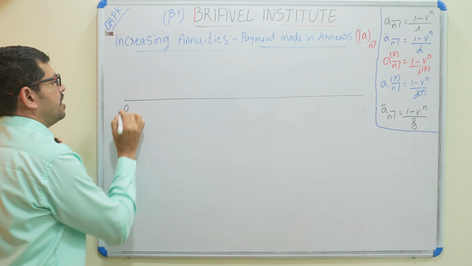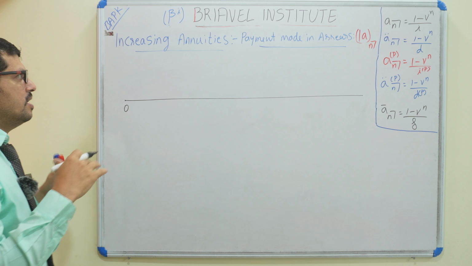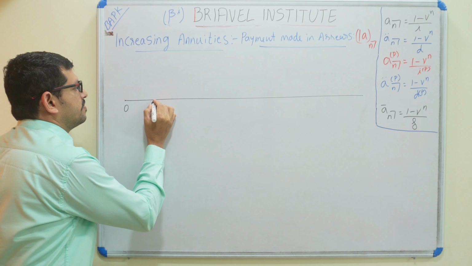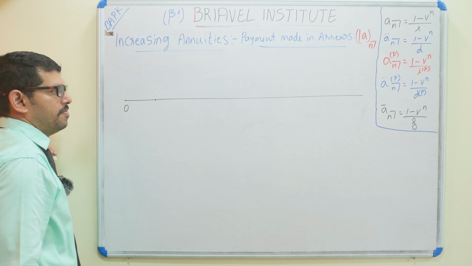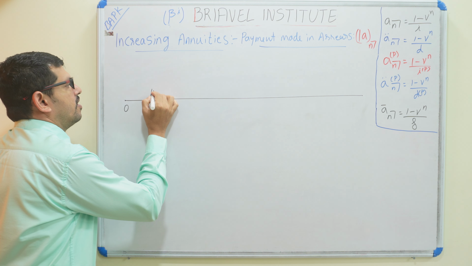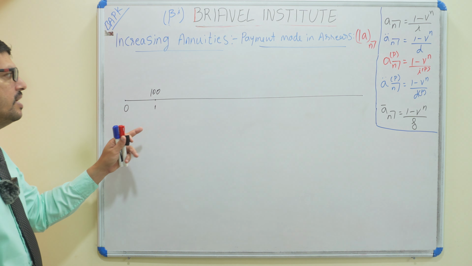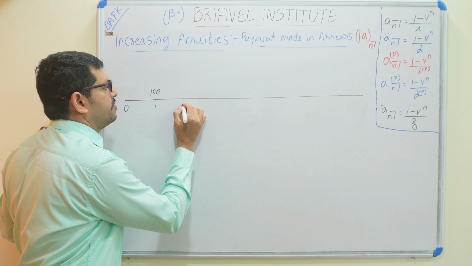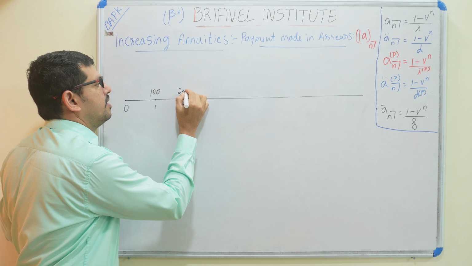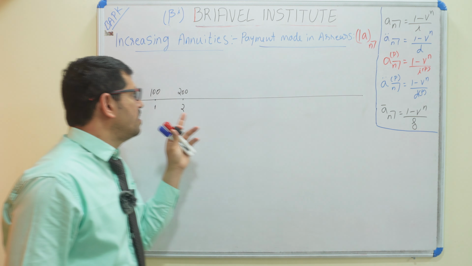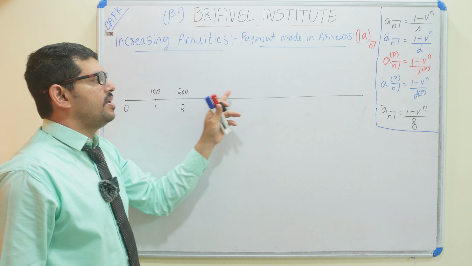So this is year 0. Say some person is taking a policy. After 1 year he is getting the annuity payment of $100. After 2 years he is getting $200. In a_n we studied the same $100 every year.